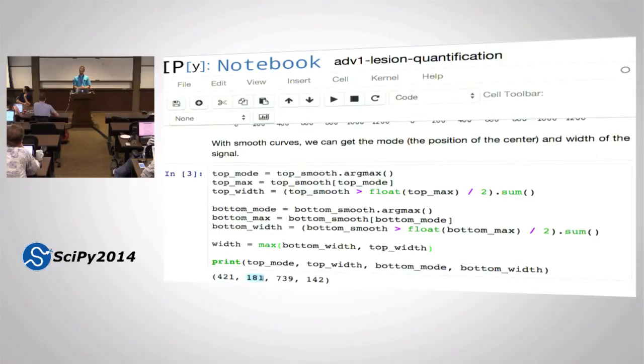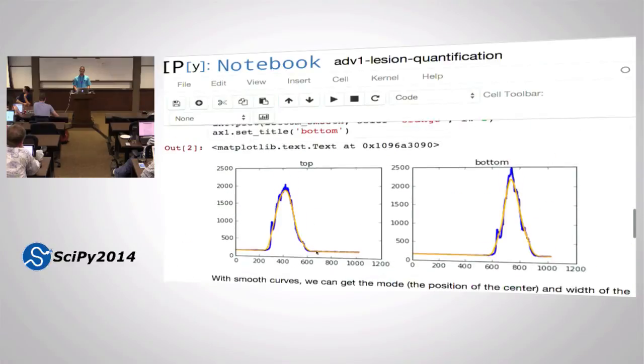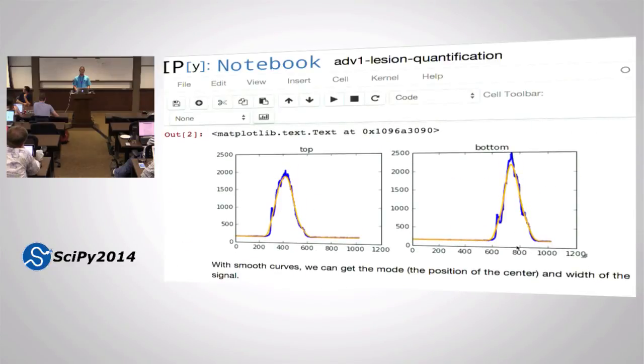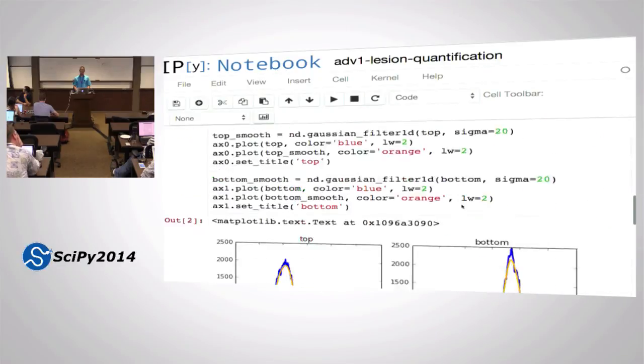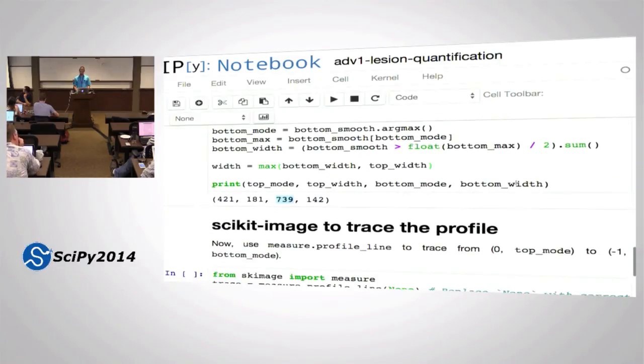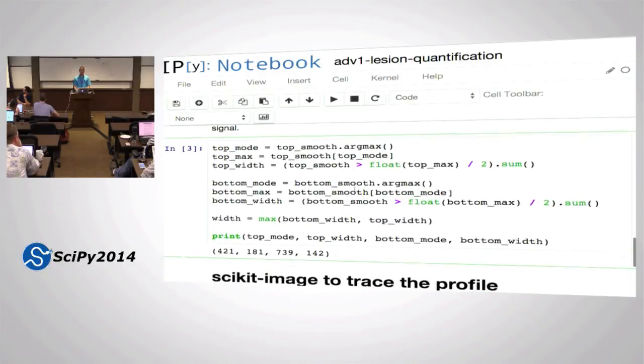It's 181 pixels wide. At the bottom, it's here, 730. So you can find it in the original image as well, over here. And the width of 142. So we're going to take 181 width.